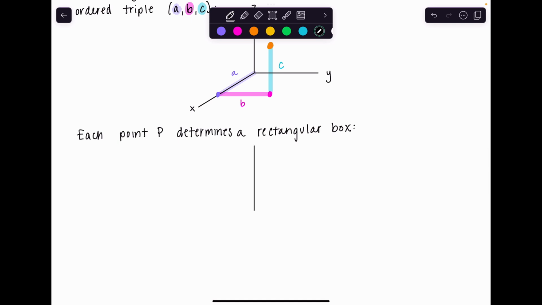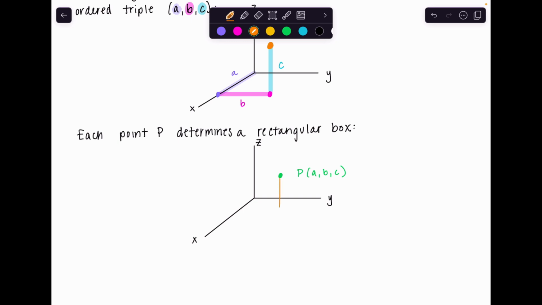So let's go ahead and pick our point P, and I'll show you how that box is ultimately formed. So let's say point P is right here, and it has coordinates A, B, C. What I can do to draw this box is I'm basically going to drop perpendiculars back to each of my coordinate planes.